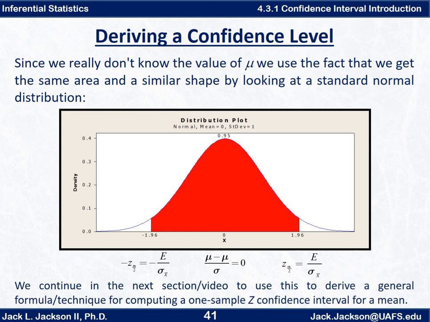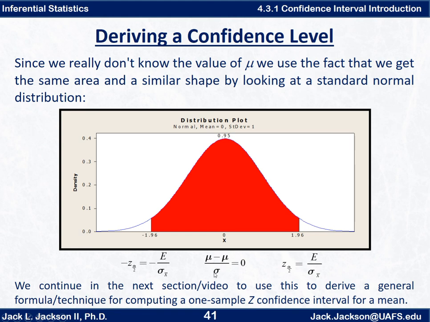Since we really don't know the value of mu, we use the fact that we get the same area and a similar shape by looking at a standard normal distribution where we find z-scores, hence the name z-distribution for a standard normal. So remember, it's an x value, or in this case an x bar value, minus mu over sigma.